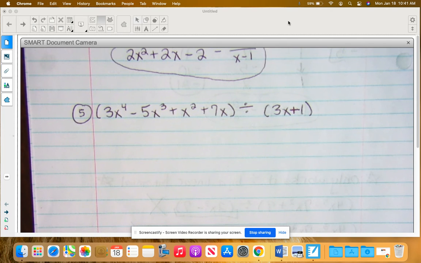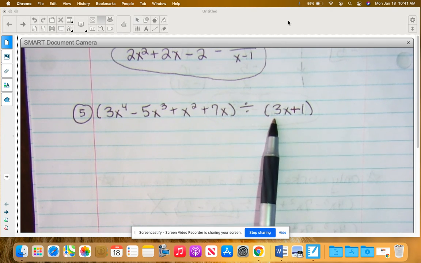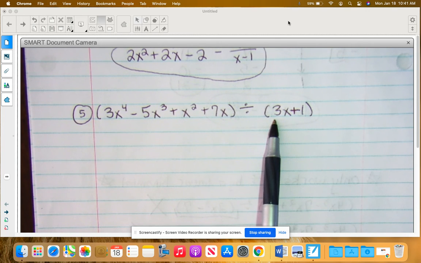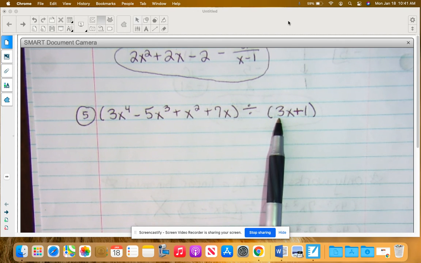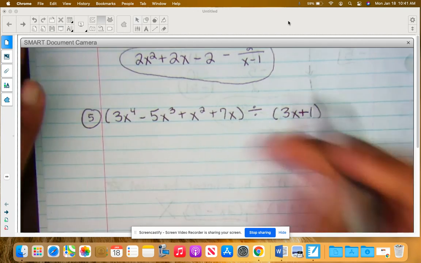So to get started with this problem, we're going to divide everything by 3. If it was a 4 here, we divide by 4. If it was a 7 here, we divide by 7. Since this first coefficient is 3, we're going to divide every single thing by 3.